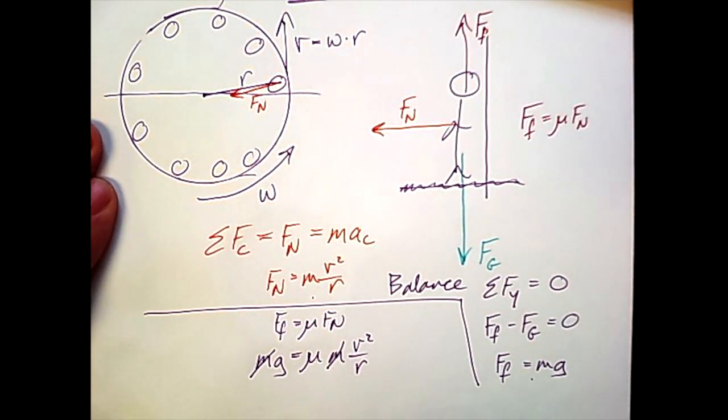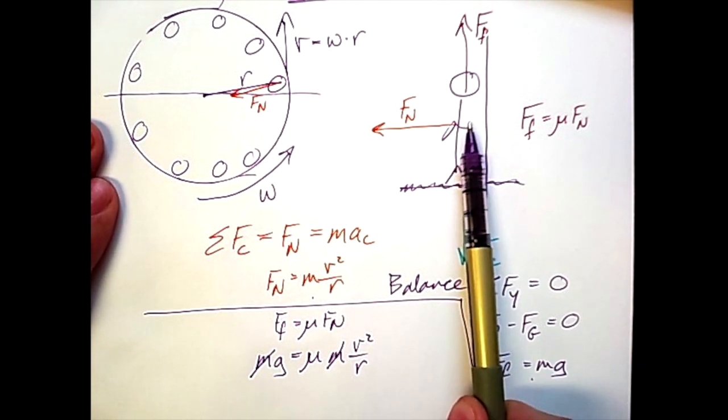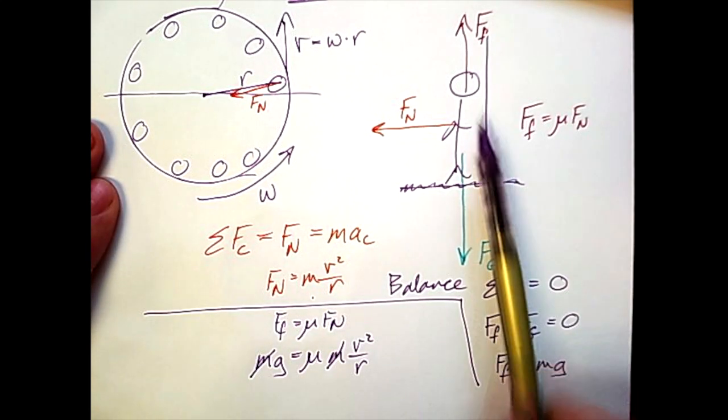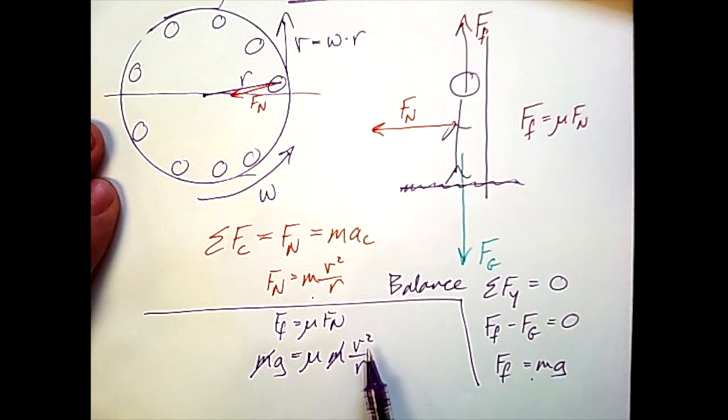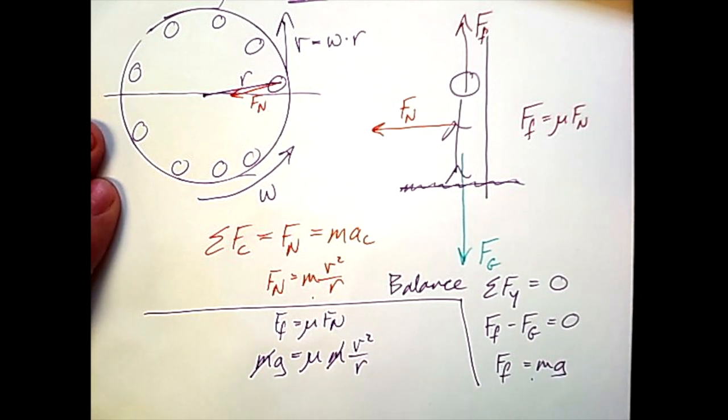And this should make sense. Amusement park rides are often built in such a way that the rider's mass does not matter. And so as long as the coefficient of friction of the surface is a high enough value, we can describe the velocity necessary at a given size of a ride in order to stay stuck against the wall. In other words, v would be the square root of g times r divided by mu.